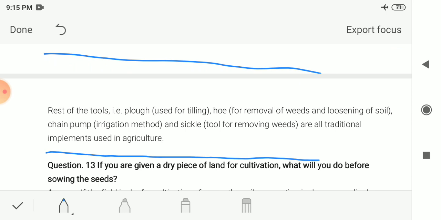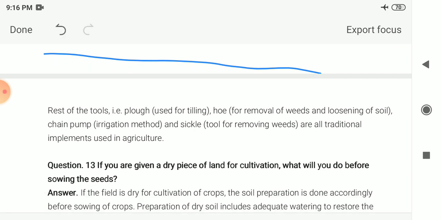So these all are the traditional implements, or you can say tools, which are used in agriculture. So this is the answer. Seed drill is the odd one out from the given set.